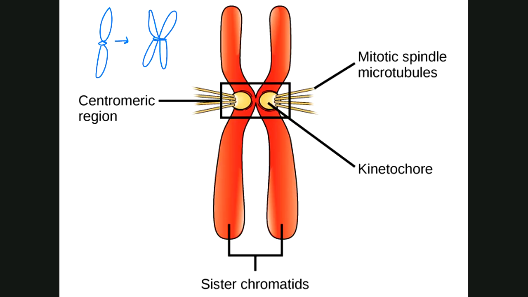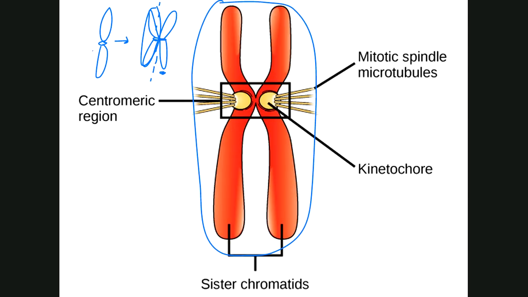So in other words, if this arm was the original one that was over here, then this other arm is just an exact copy. Okay, so what we have here is a duplicated chromosome. So this chromosome has been through the S phase. One of those arms has been copied so that we have 2 identical arms. So if you look at it this way and you sort of split it down the middle, okay, those are identical copies.